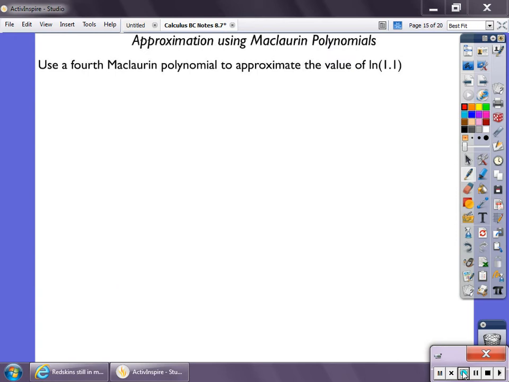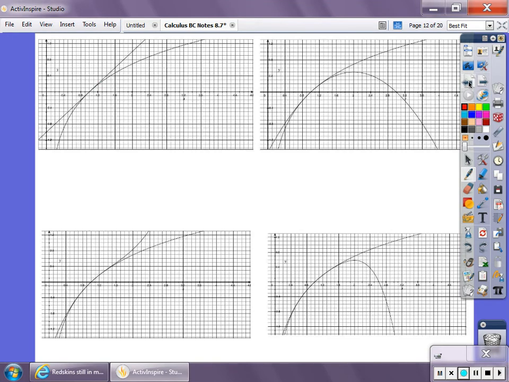Okay, now we're using a fourth degree Maclaurin polynomial to approximate the value of natural log of 1.1. Now remember, Maclaurin, first clue right there, we're going to be centered at 0. But there's an issue here, okay? 1.1 is really far away from 0. And remember what we were saying earlier in our notes, as you get further away from where you're centered, you get more and more error.